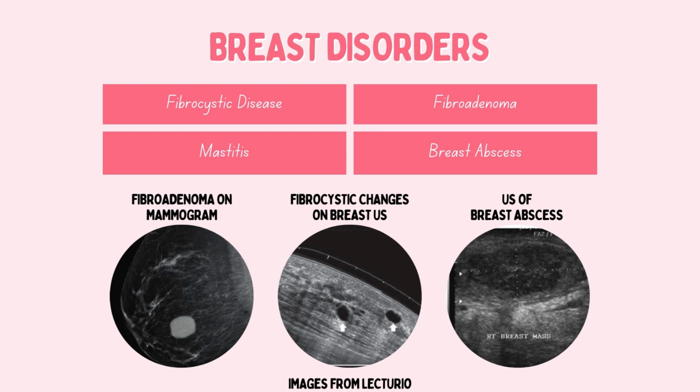On exam, it will be a round, firm, discrete, relatively mobile mass between 1 and 5 centimeters. It's usually non-tender, but can become tender prior to menstruation. It'll grow over time, but may enlarge in pregnancy. It does not change significantly in size with the menstrual cycle, which is what will distinguish it from fibrocystic disease.